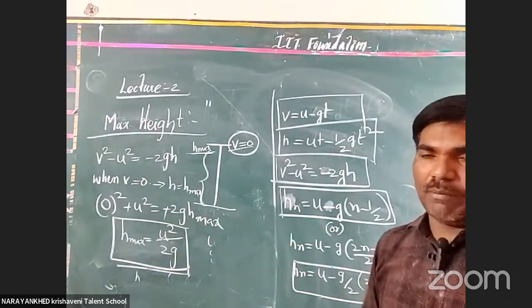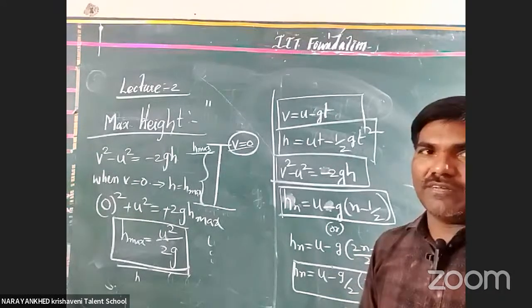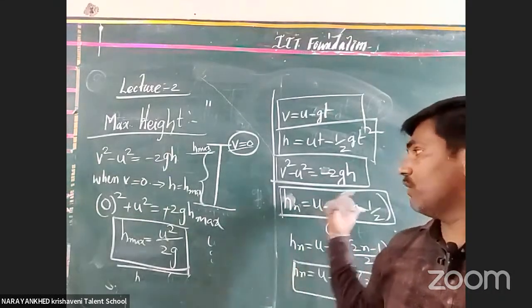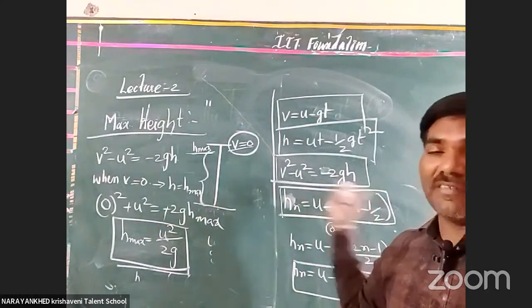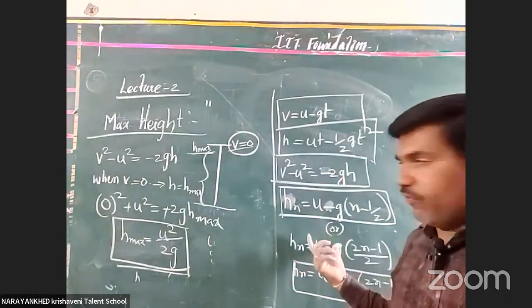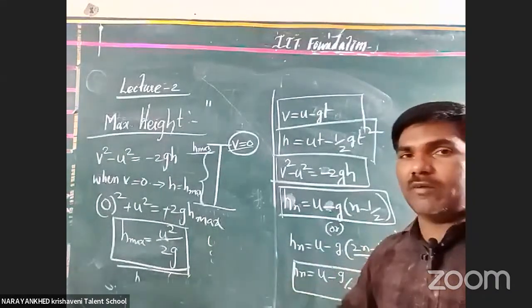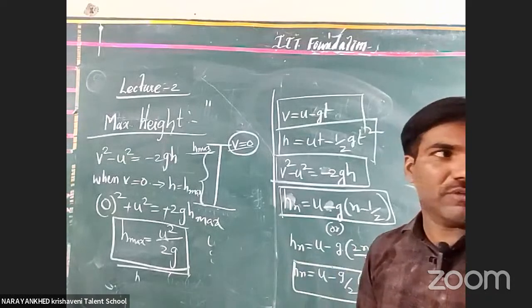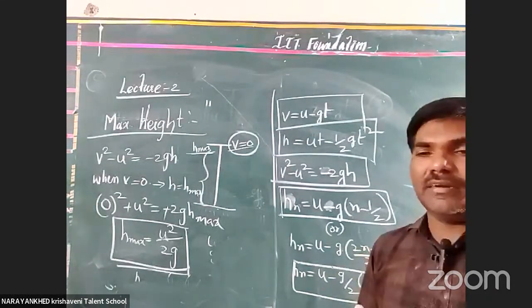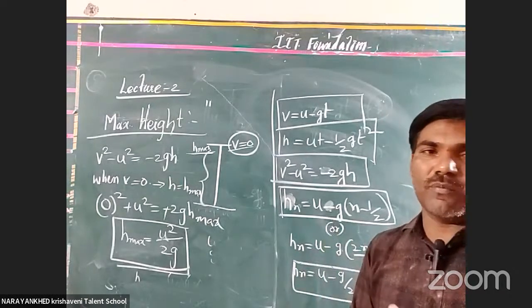Don't miss it. Numerical problems are there. You will not get the numerical problems if you do not listen to this properly. Whatever formulas are there, how to get these formulas, and what the maximum height, the time of ascent, and the time of descent are. When you understand that, only then go to the numerical problems.